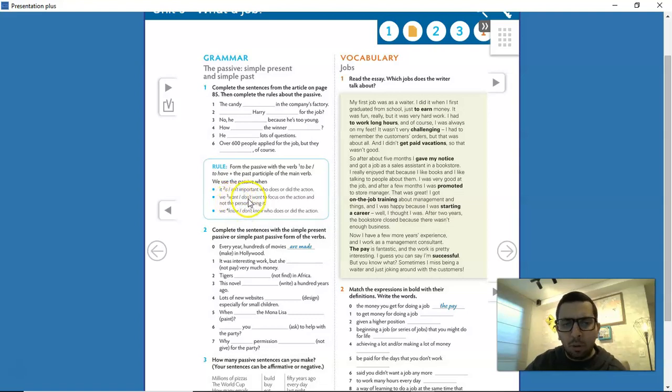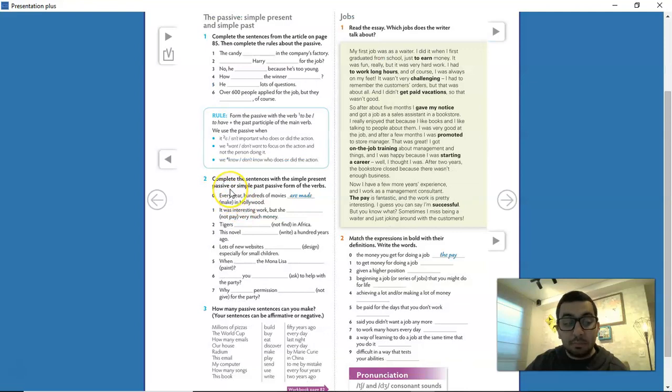We want or we don't want to focus on the action. Oh, we want to focus on the action. All right, so number 3, we circle want. And 4, we know or we don't know who does or did the action. We don't know who does the action, okay? Alright, guys, so that's the rule.